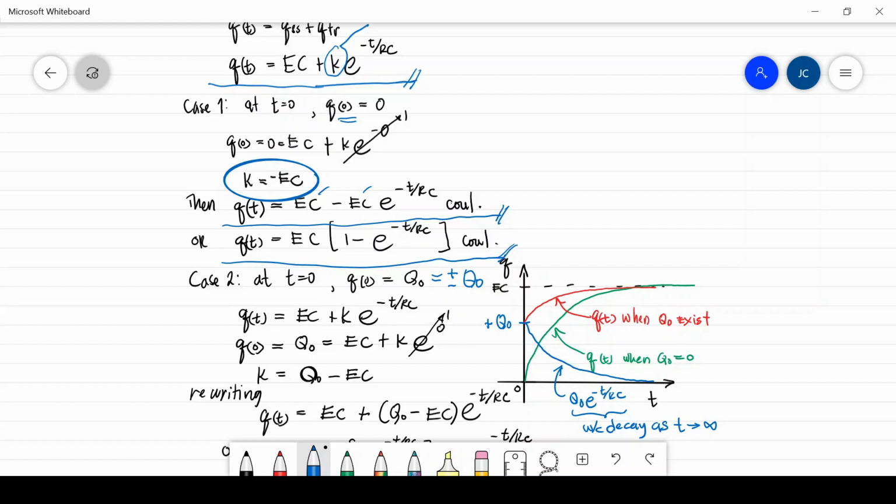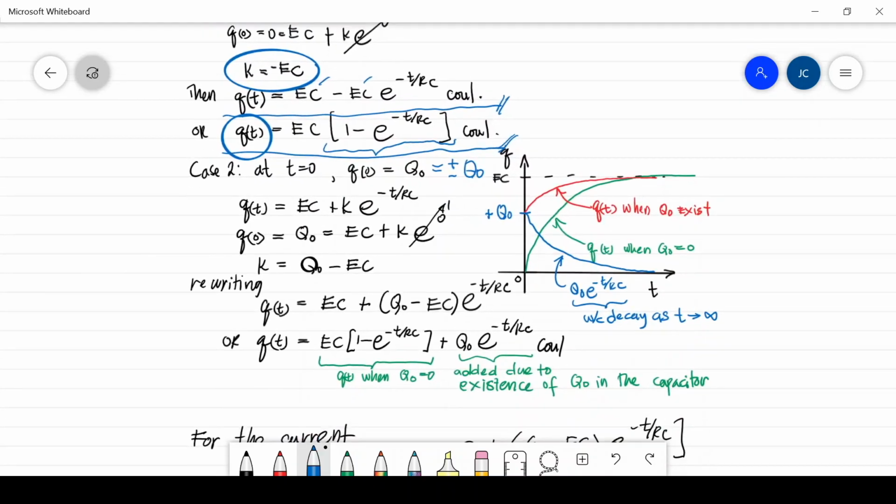As you can see, this is almost the same form as the current behavior in a series RL. However, this is not a current, it is a behavior of the charge. So this is the behavior of the charge in the charging of a capacitor.